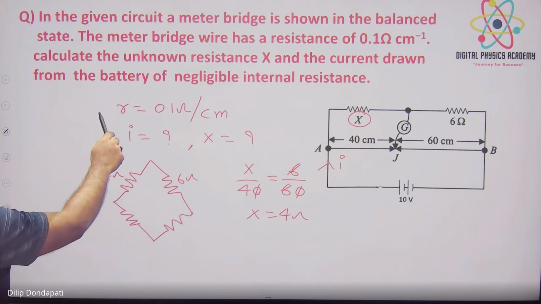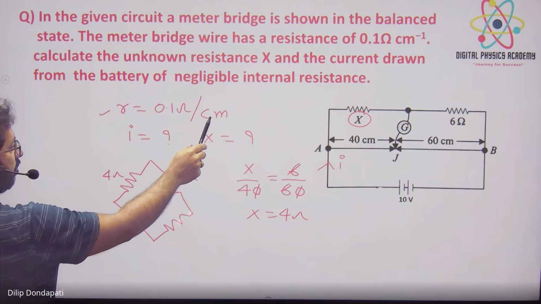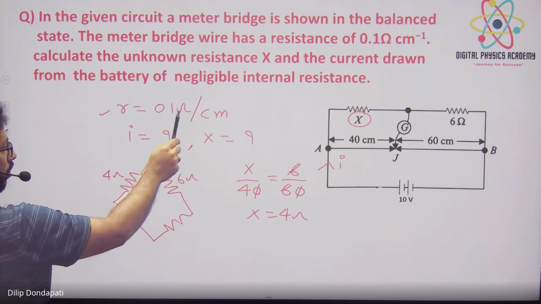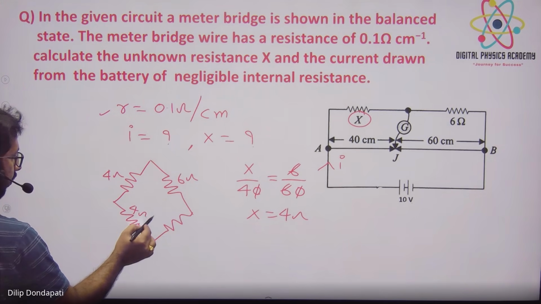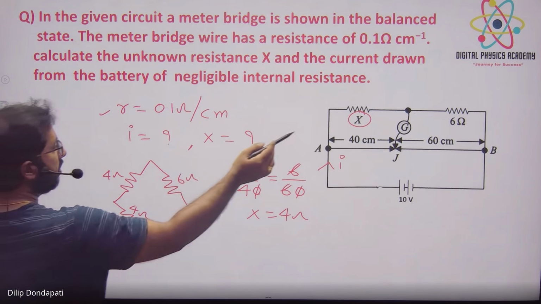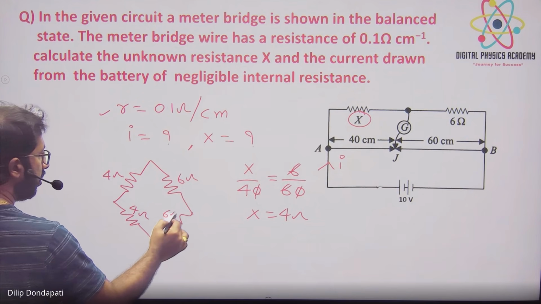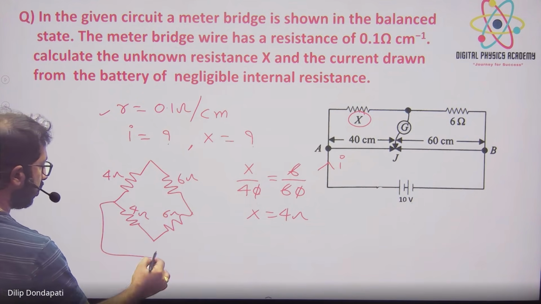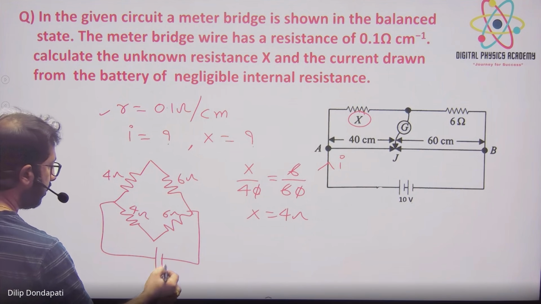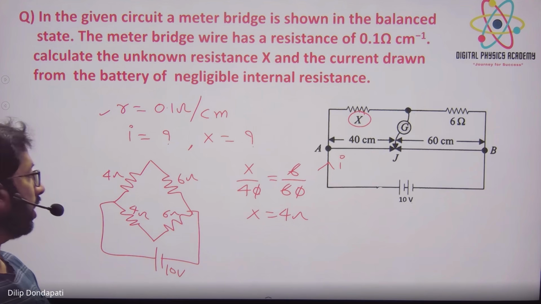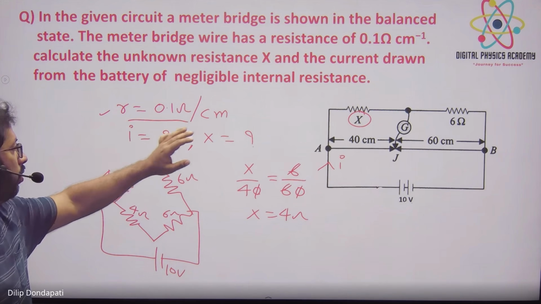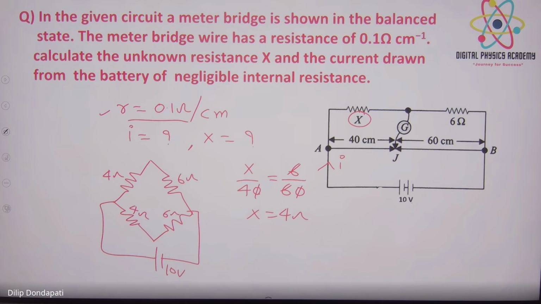Use this one: 1 centimeter is 0.1 ohm. 40 centimeters will be 4 ohms, by 10 you do, right? Similarly 60 centimeters will be 6 ohms. This is a balanced Wheatstone bridge. Find R equivalent and tell the answer. That's why they gave the wire resistance formula, used for converting length into resistance.